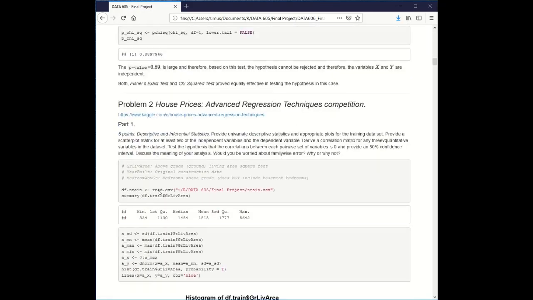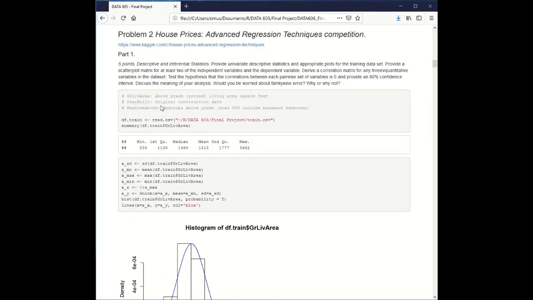So we come to part 2 of the project, which is basically participating in the Kaggle competition for predicting house prices.